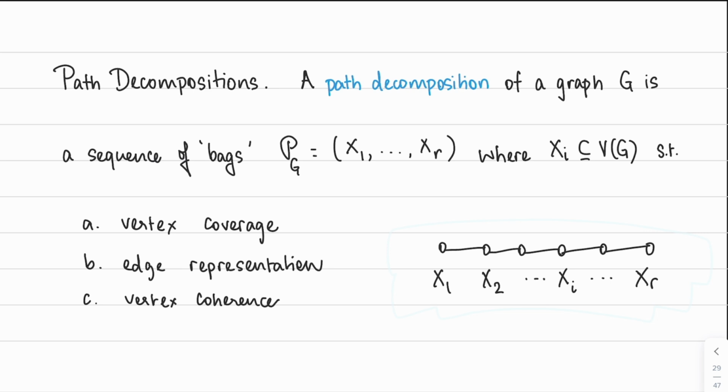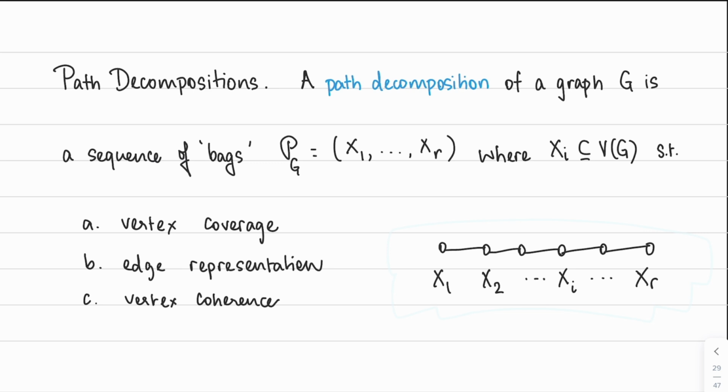Now we'll get to this formal definition in just a minute, but before that, I want to show you an example of a graph which might help build some intuition for what we are trying to do here. So just like we used the concept of a thin grid to think about what it means to generalize from a path-like structure, we want to think about what it means to generalize to an arbitrary tree-like structure.